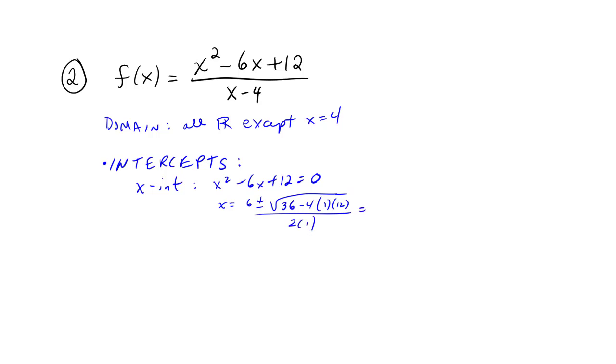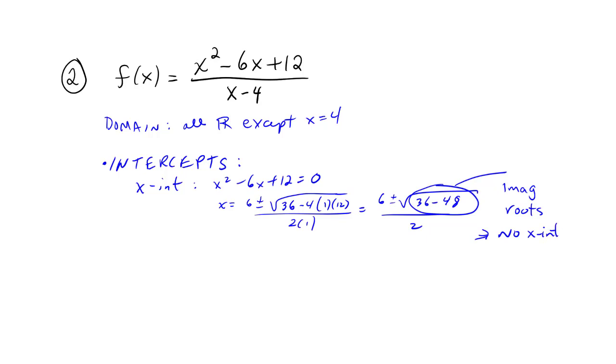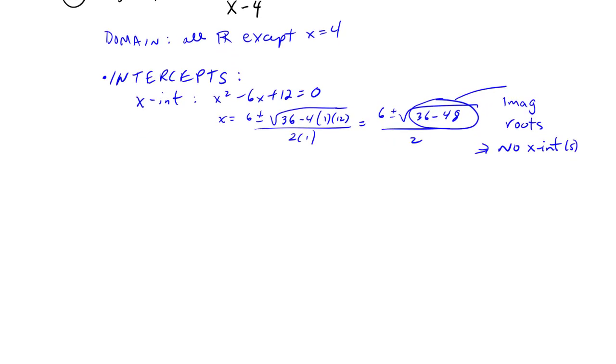Now what I'm going to see is I get 6 plus or minus the square root of 36 minus 48 over 2, and what I see automatically is that's going to be negative in there, so we're going to get imaginary roots here, and what that means is no x-intercepts. Okay, so no x-intercepts, that's fine, good to know.